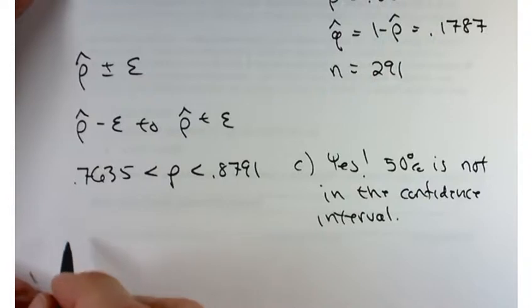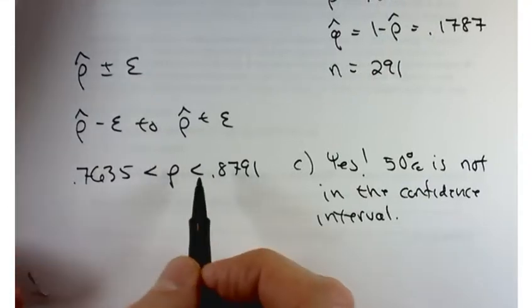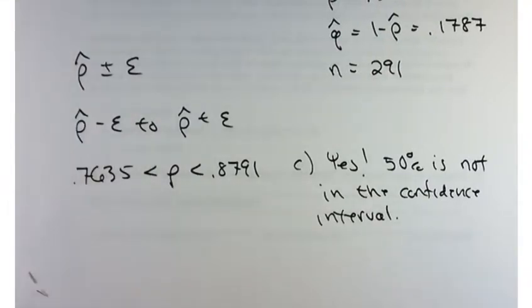What you could say is this procedure, 99% of the time, will contain the population parameter. We just don't know when it's not going to contain it.